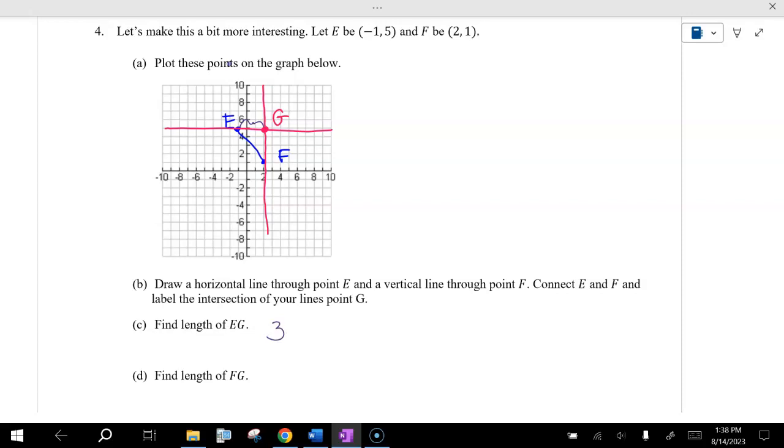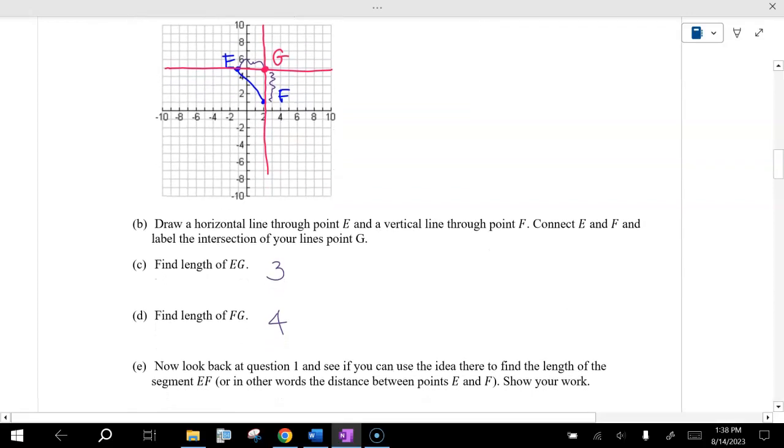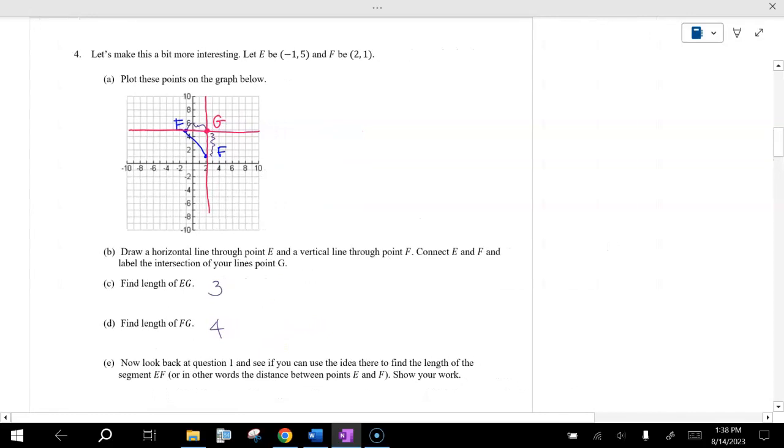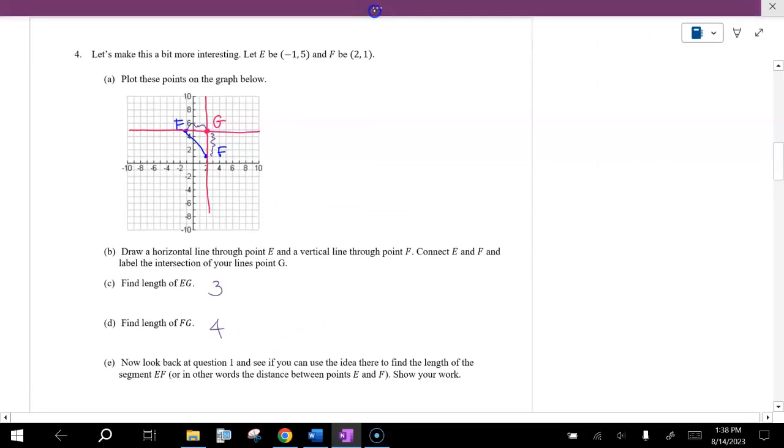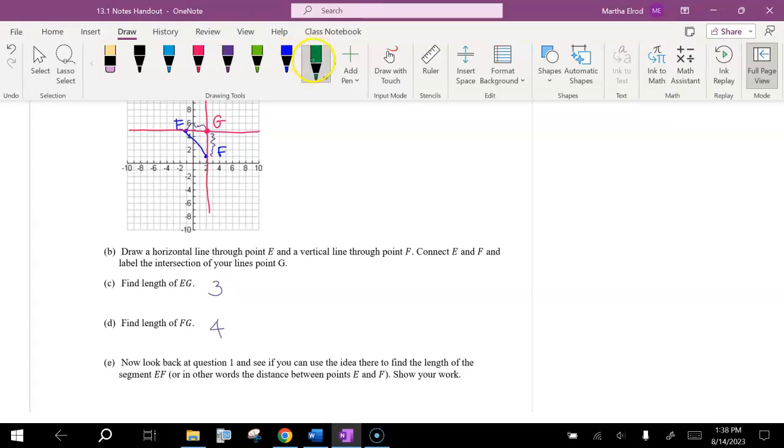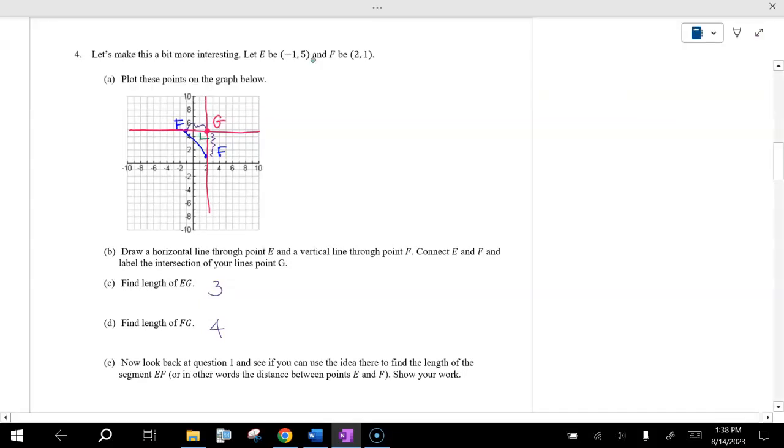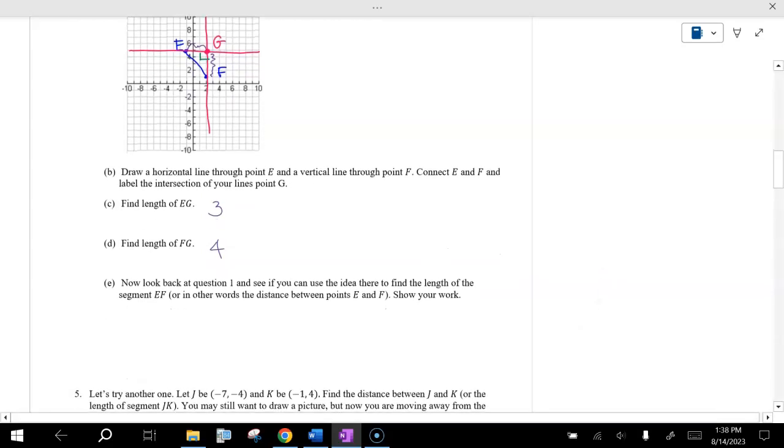And then they ask us to find the length of FG right there, and if we just count our squares, we see that that length is 4. Now if we have a horizontal and a vertical line, those are going to meet to form a right angle. And so we end up having a right triangle here. So can't we take the two sides, the 3 and the 4, and use Pythagorean theorem?